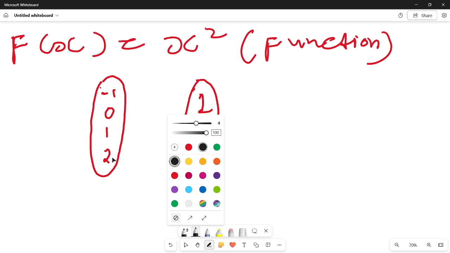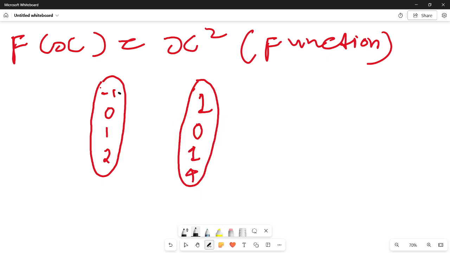So in this case, we are mapping -1 to 1, 0 to 0, 1 to 1, 2 to 4. We don't have to write this 1 twice, because remember, we are looking at mapping a value from one set to another set.